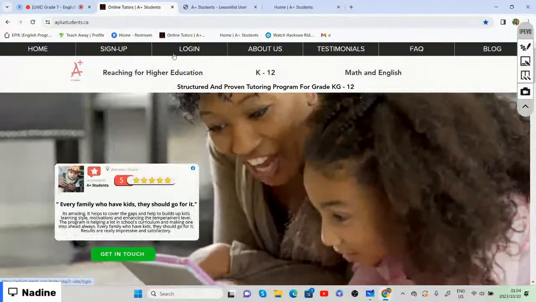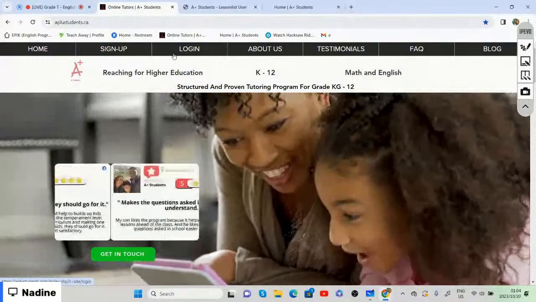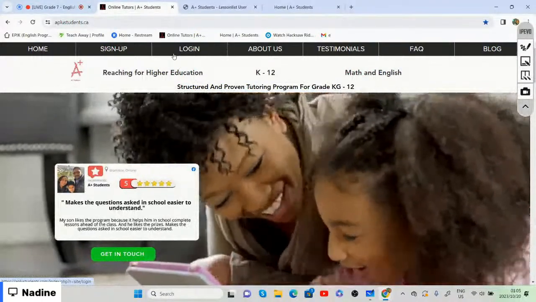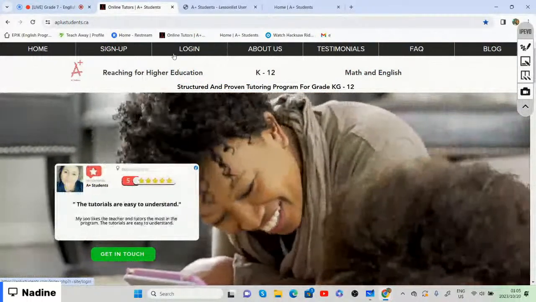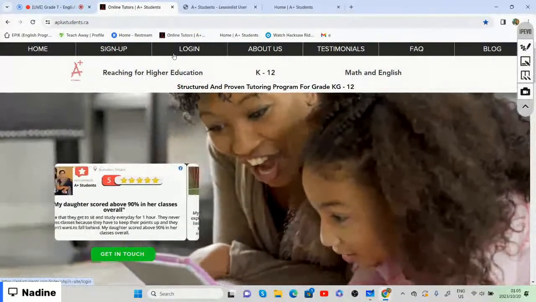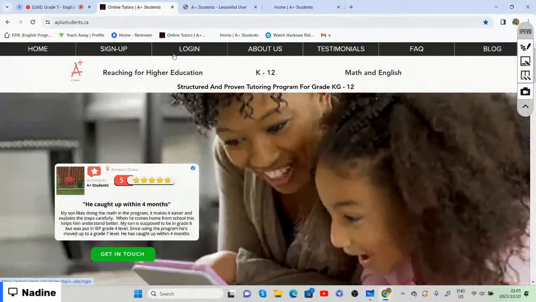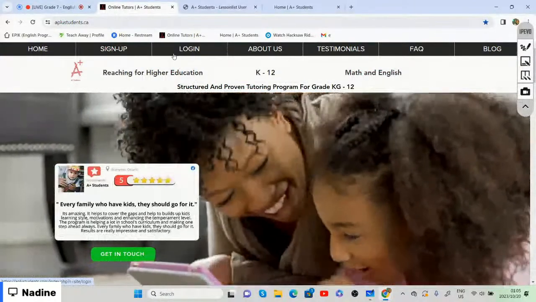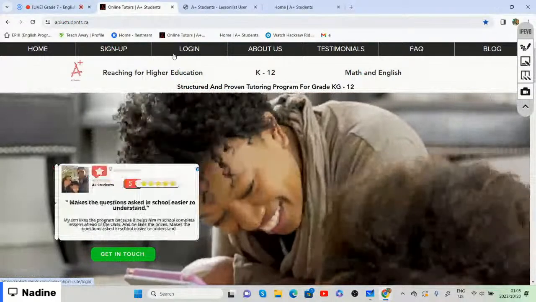Then we can select the subject of language arts, and then grade 7.